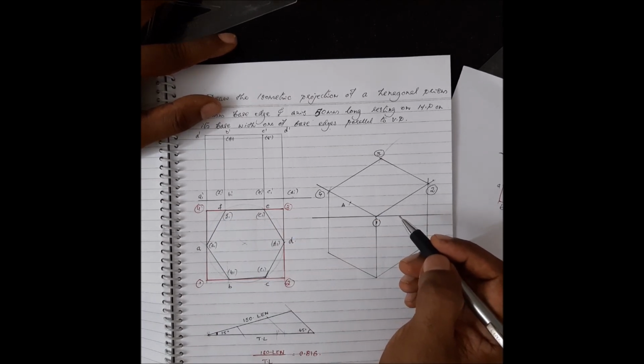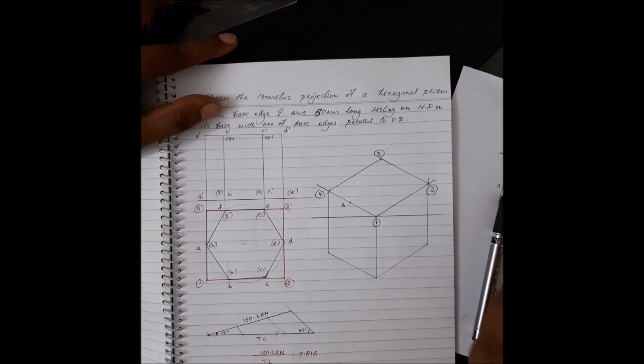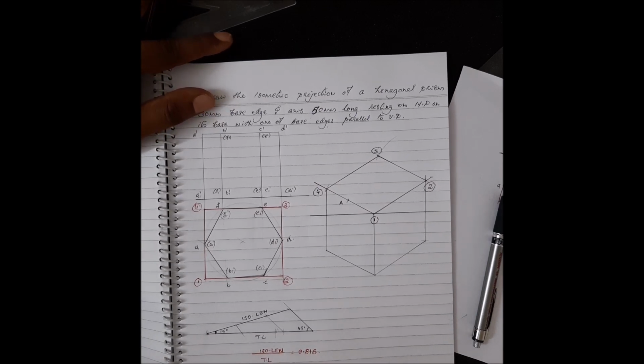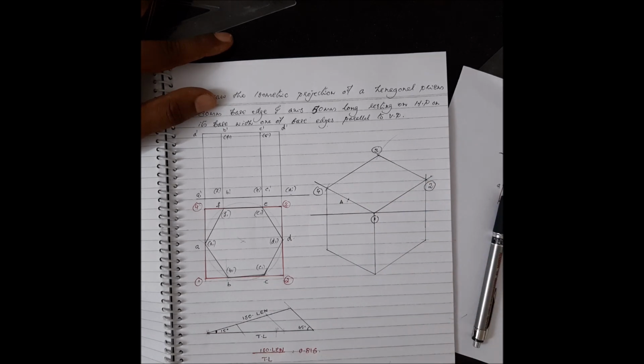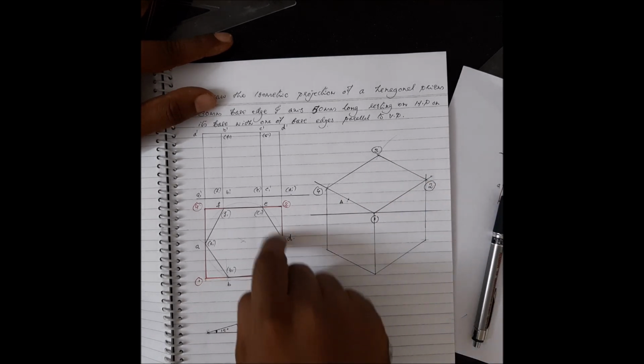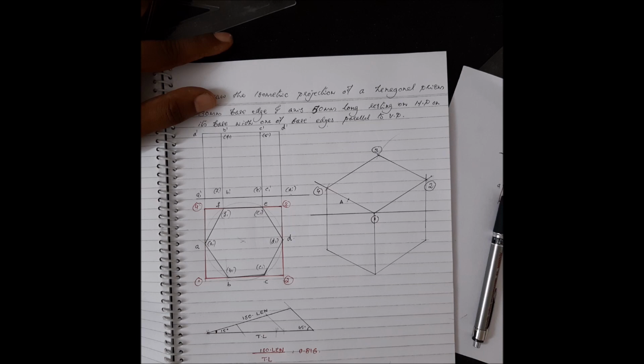If you can find a pattern or anything like that, it's easier to finish the drawing. Now you tell me, how many dimensions should I take to draw the hexagon in this plane? Should I take each and every distance, or do you find any pattern here?